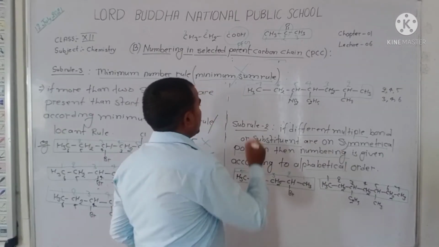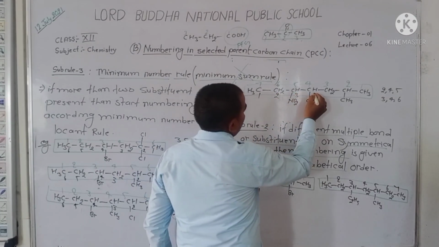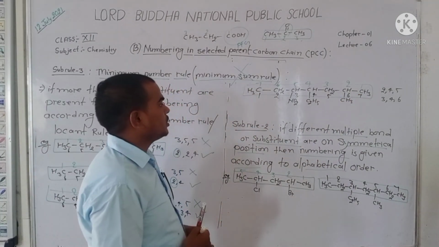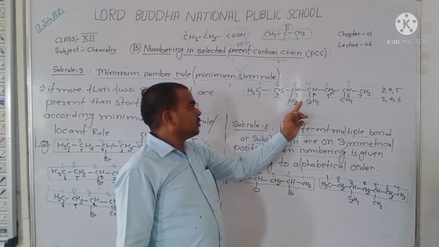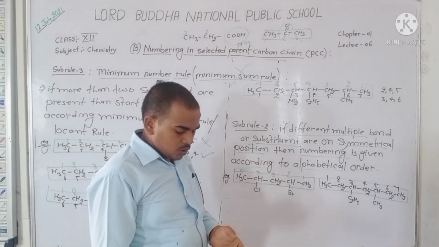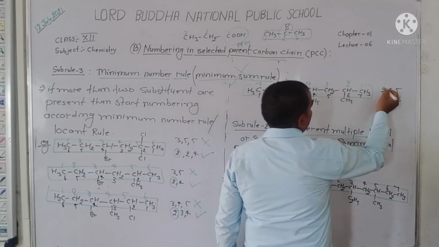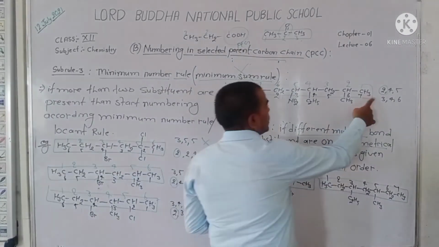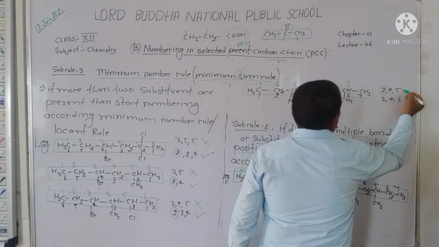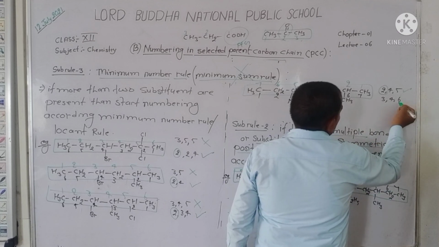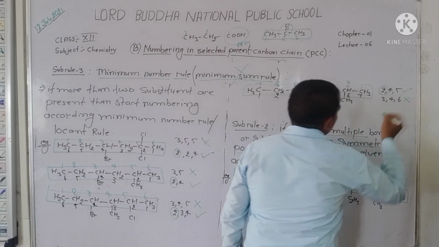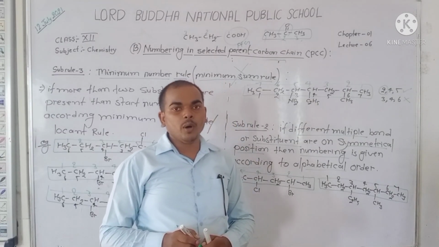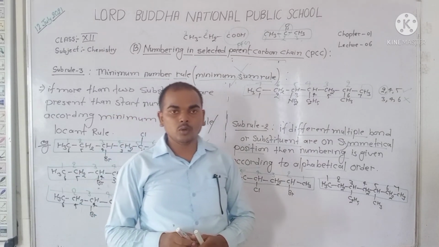But if you count from here, 1, 2, 3, 4, 5, 6, 7, then you get substituents at 3, 4 and 6 positions. Student, you know that 2 is the lowest number compared to 3. So this is the minimum number, and the other is the higher number. So it is wrong. I think you understand about the minimum numbering rule.